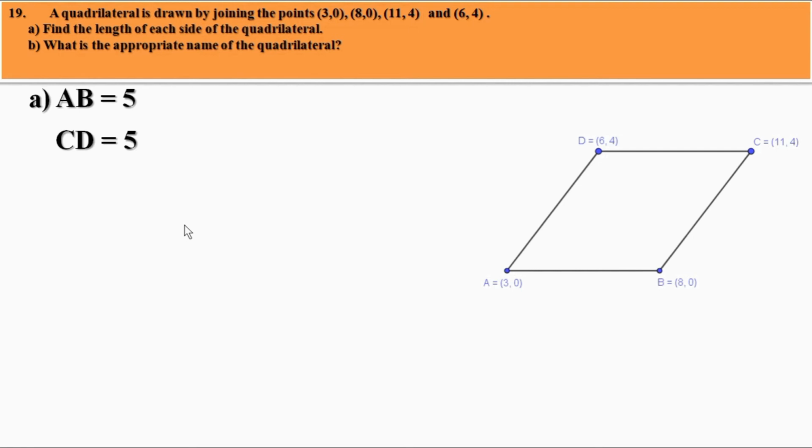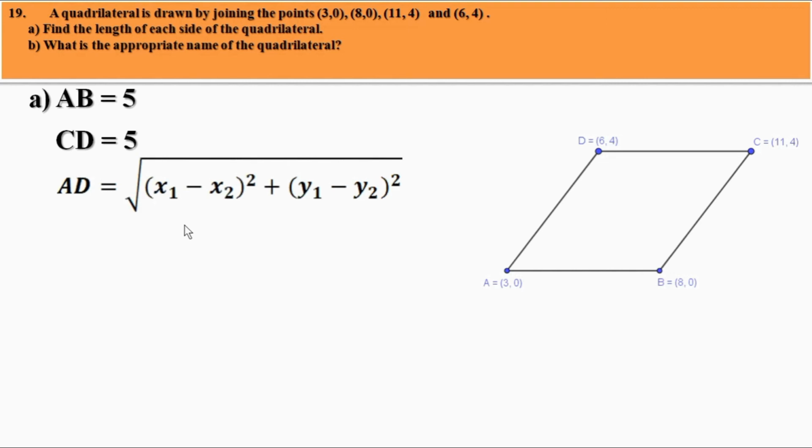Now let us find AD. It is the distance between (3, 0) and (6, 4). So we can write AD equal to root of (x1 minus x2) whole square plus (y1 minus y2) whole square. Here the x coordinates are 6 and 3, y coordinates are 4 and 0.